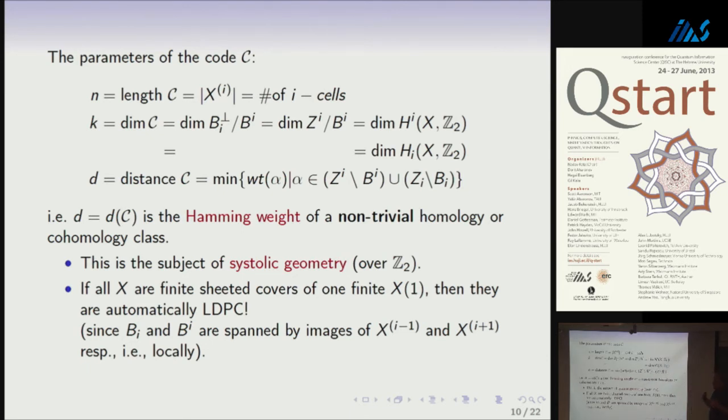Now, if they are all, as we like to think, surfaces, which gives an interpretation to some of the codes studied, surface codes, etc., then the local geometry of them is the same, and automatically, for example, if all the X's are finite sheeted covers of one finite complex X1, where X1 is not the one skeleton, I have one object and I take finite sheeted covers of it, then I'm getting families of quantum codes which are automatically LDPC.